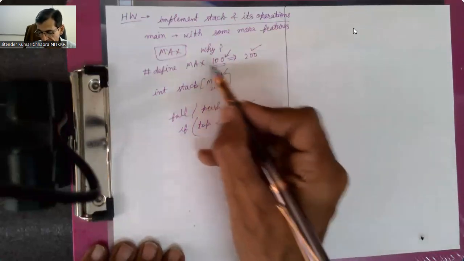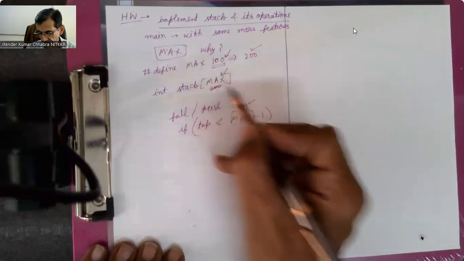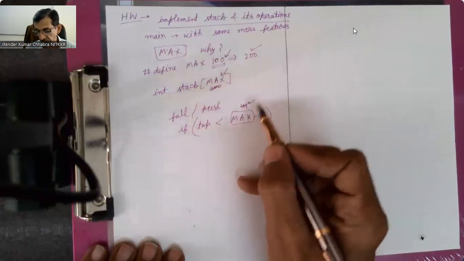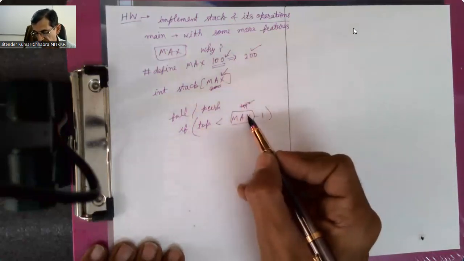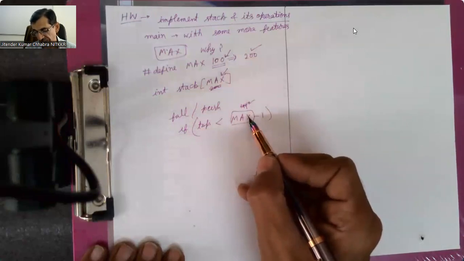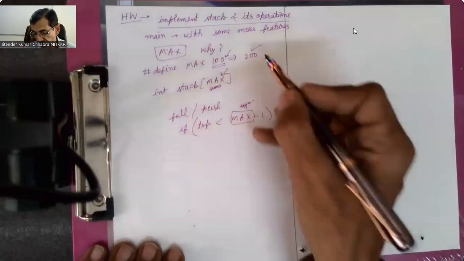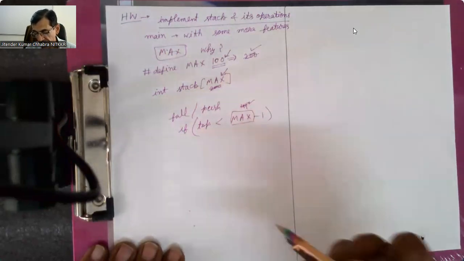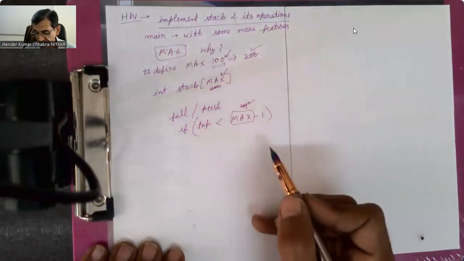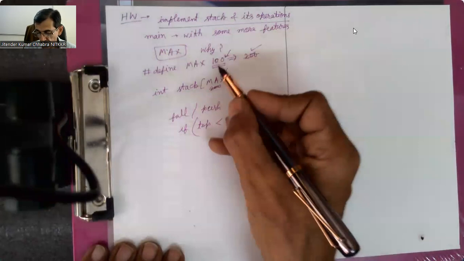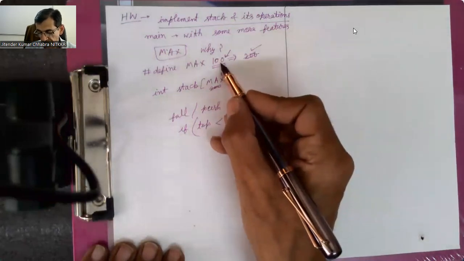If you don't use max, you might have written 100 here, 99 here, and you might forget to change this place to 199, etc. Not only that, say I want you to check whether the full stack message is correctly coming or not. You will not be interested in pushing 100 elements.